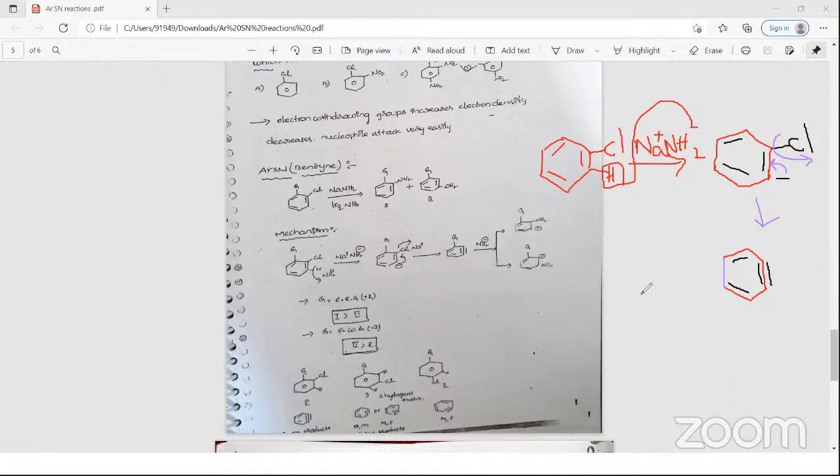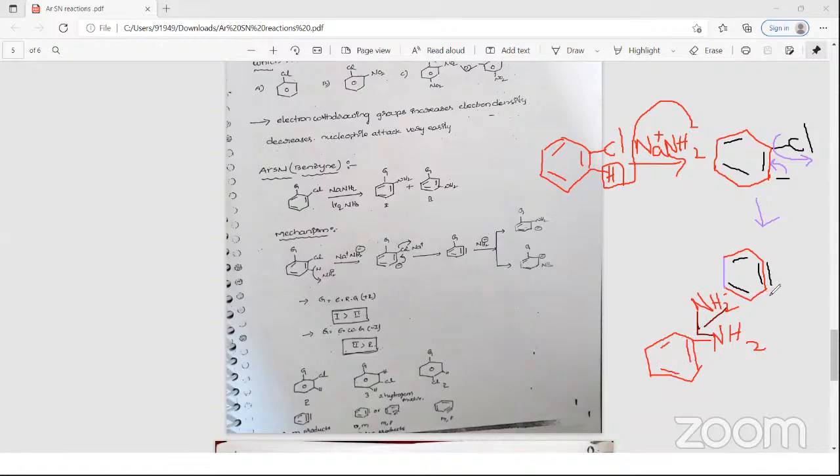After it is formed, this benzyne is attacked by NH2 minus again. It is going to form NH2 here and another isomer with NH2 at the other position.